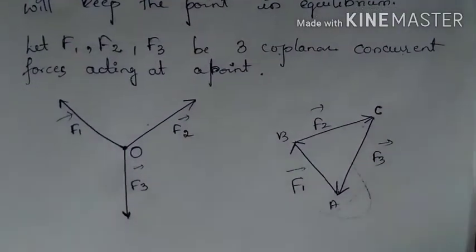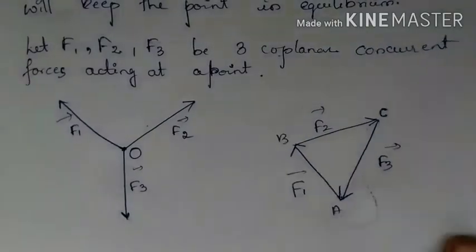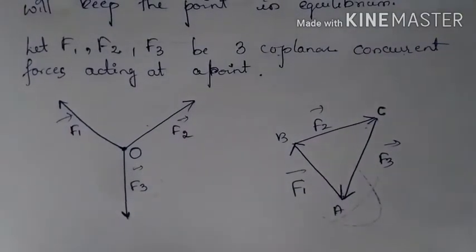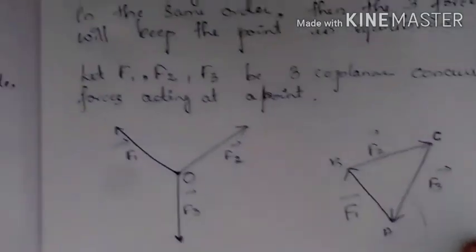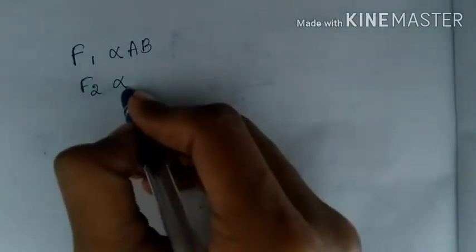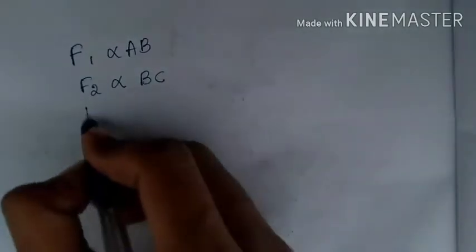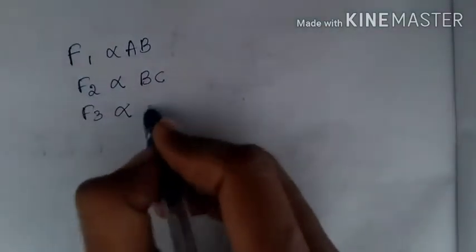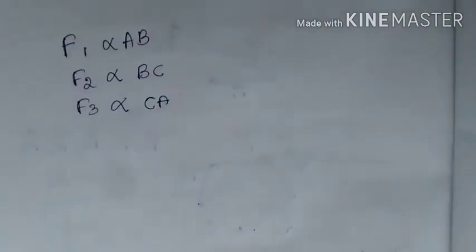If I write that in equation form, what will I get? F1 is directly proportional to AB, F2 is directly proportional to BC, F3 is directly proportional to CA.